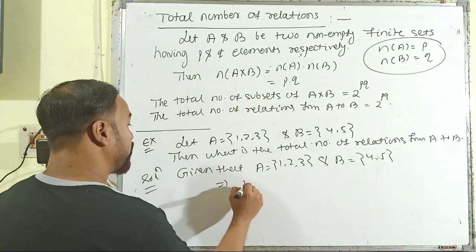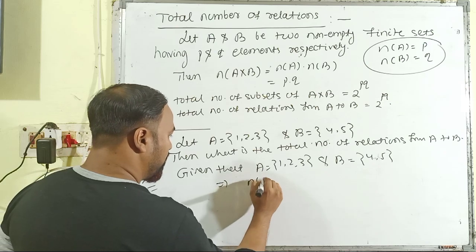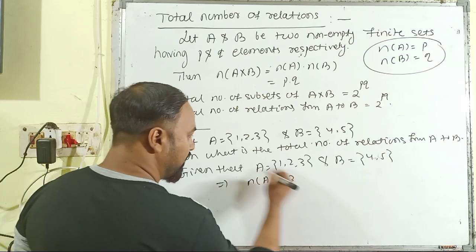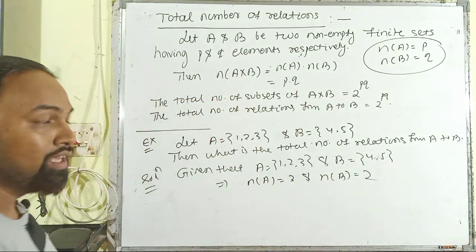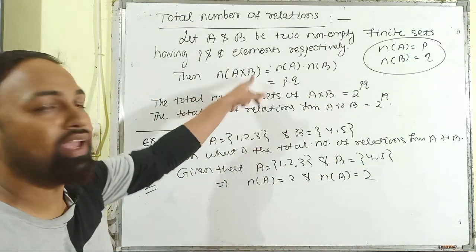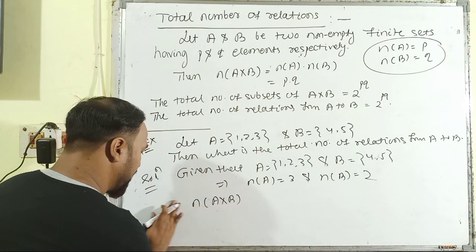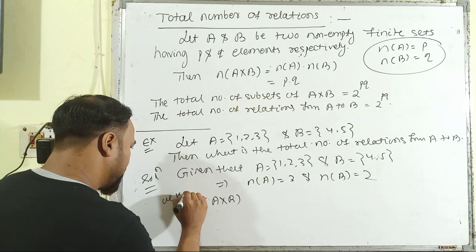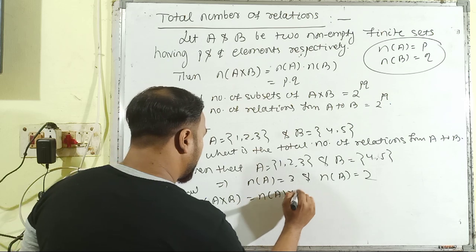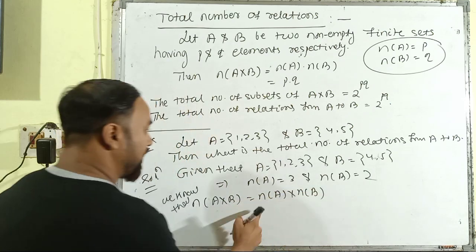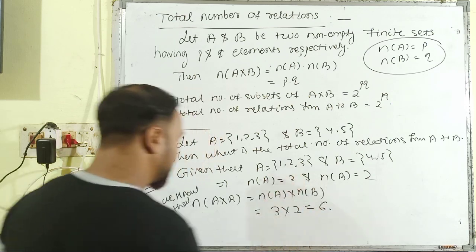First of all, we have to find the cardinality of A. You may write it in this manner also: the number of elements present in A is 3, and the number of elements present in B is 2. Then we have to find the cardinality of A cross B. We know that the cardinality of A cross B is equal to the cardinality of A multiplied with the cardinality of B, that means 3 multiplied with 2, that means 6.